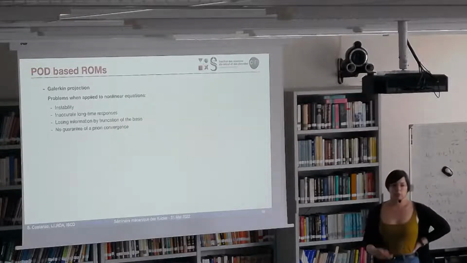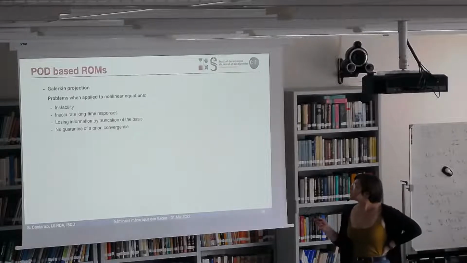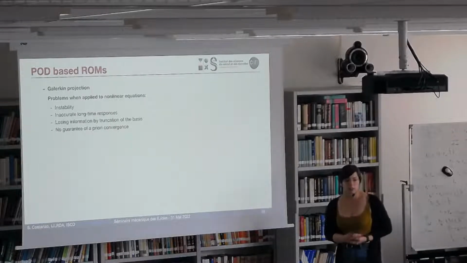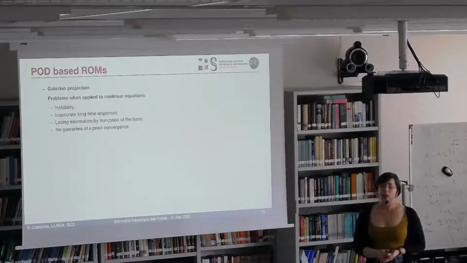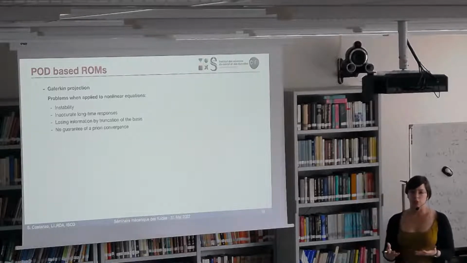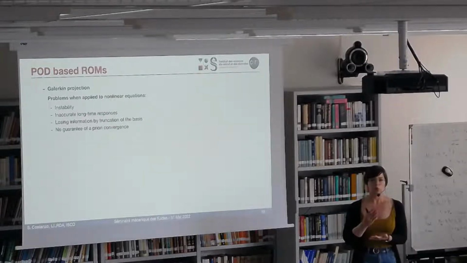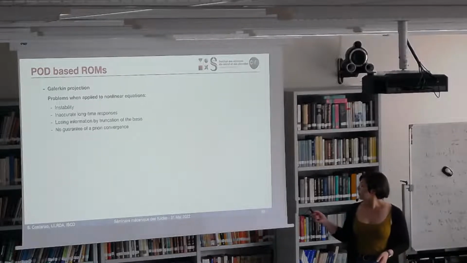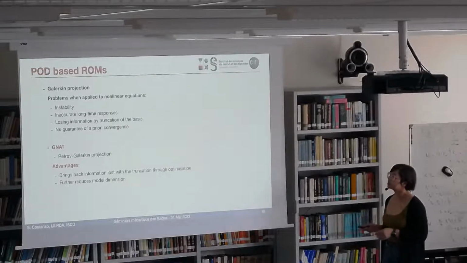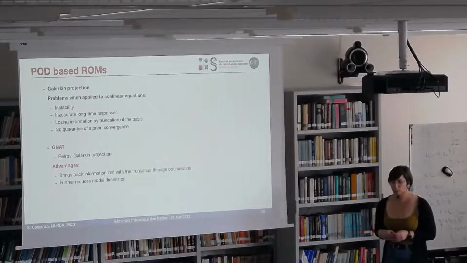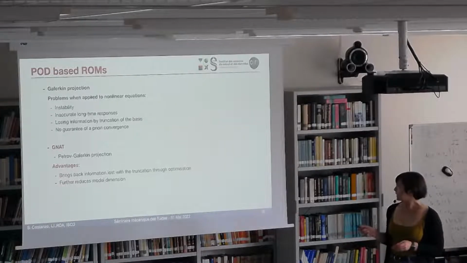The most common method used for reduced order models based on POD projection is Galerkin projection, but since we are truncating the model, we have some issues with instability, and we lose information from the truncation of the basis about the nonlinearities, because we are performing a linear combination of linear modes. So what I've done during my thesis is to use the GNAT, which performs a Petrov-Galerkin projection, and it performs a second step.